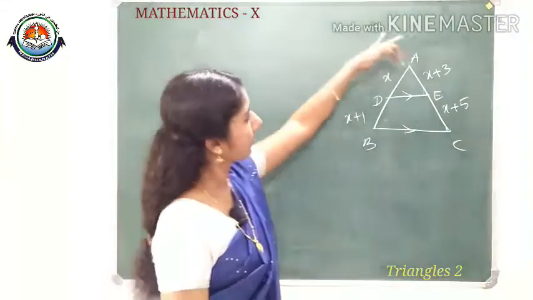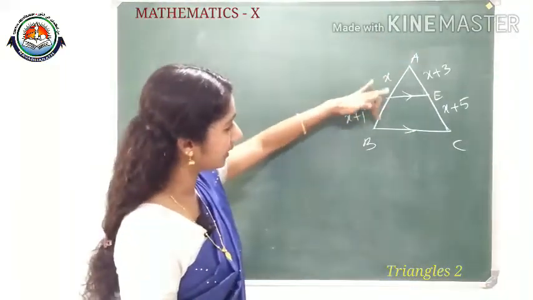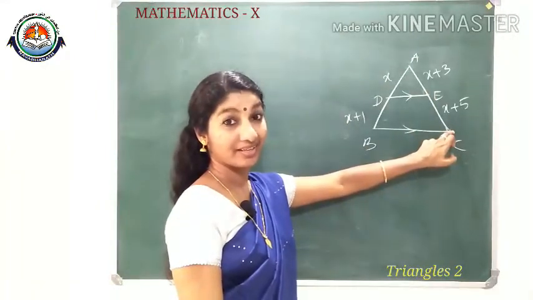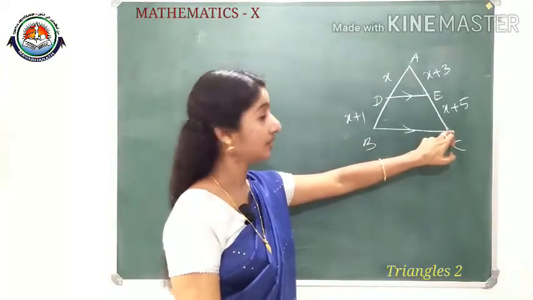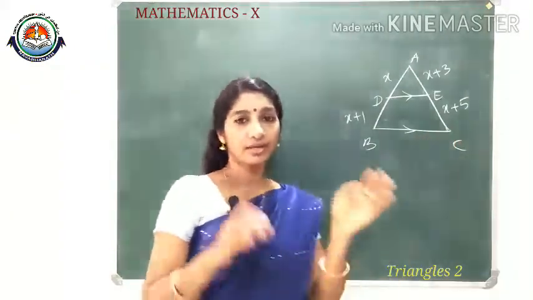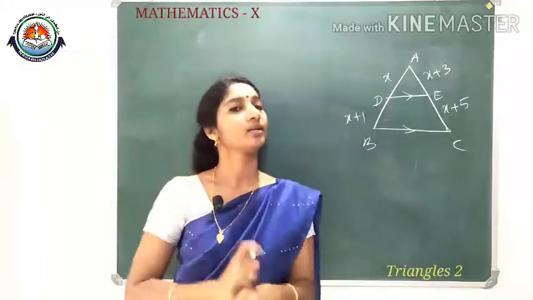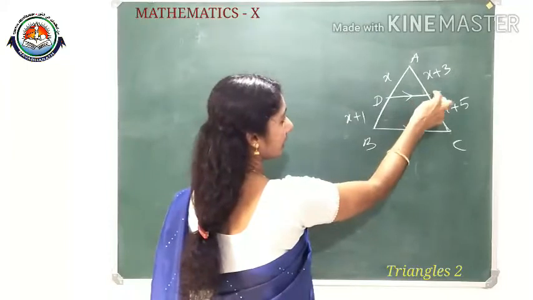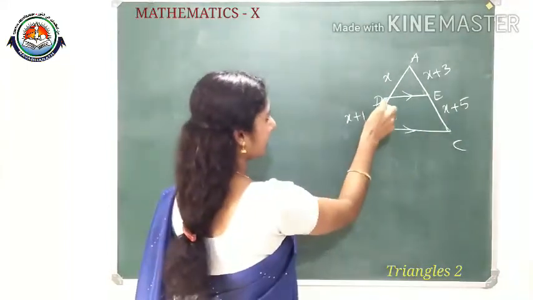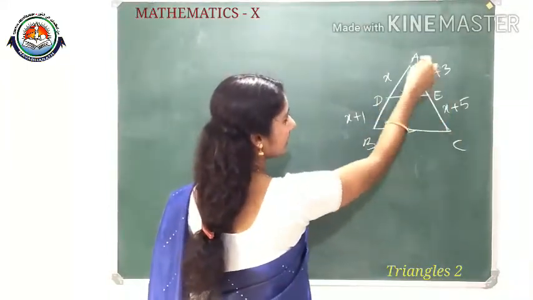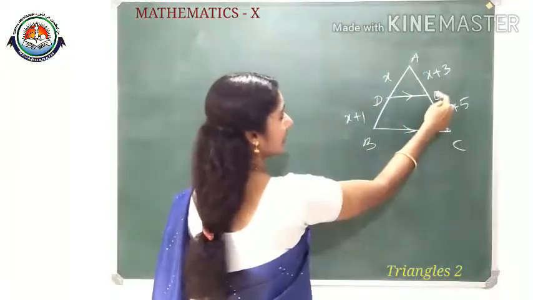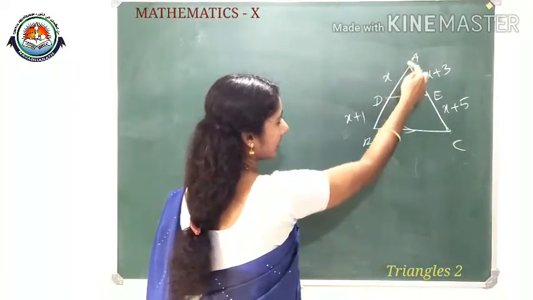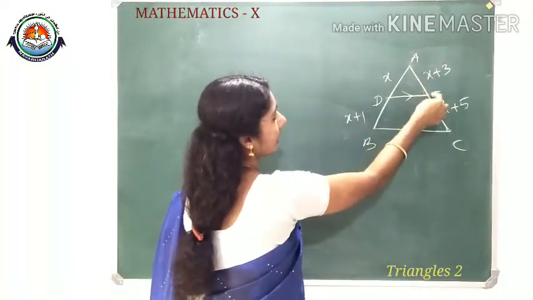See once more, you can do AD by DB equal to AE by EC, ratio same. The division ratio is same, that is the only information we are getting. So it divides in the same ratio, and you can take that ratio in your own choice. You can take AD by DB equal to AE by EC, or BD by DA equal to CE by EA, or AD by AB equal to AE by AC.